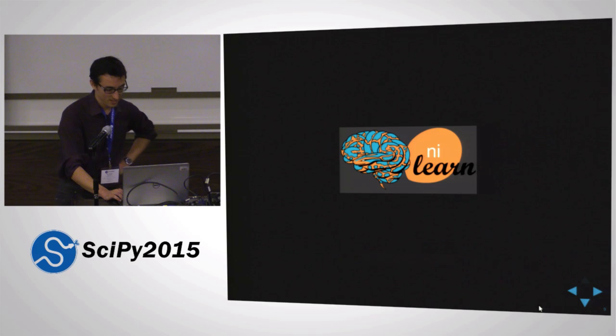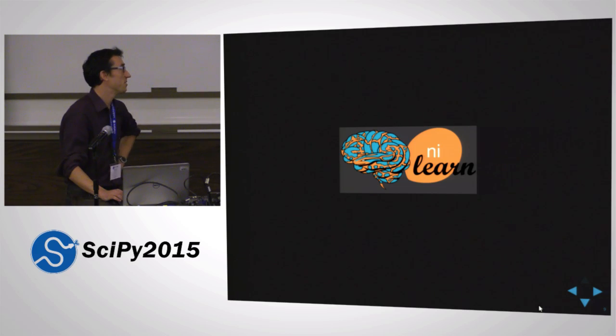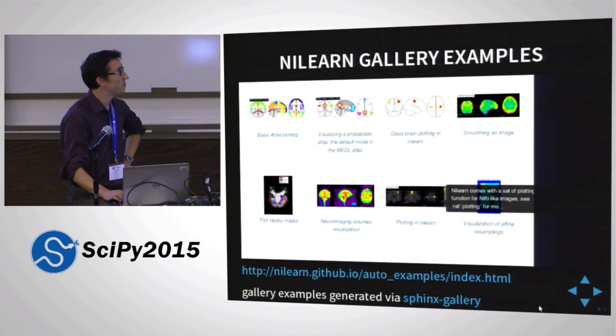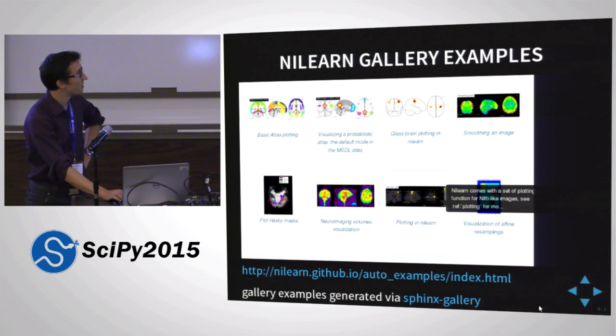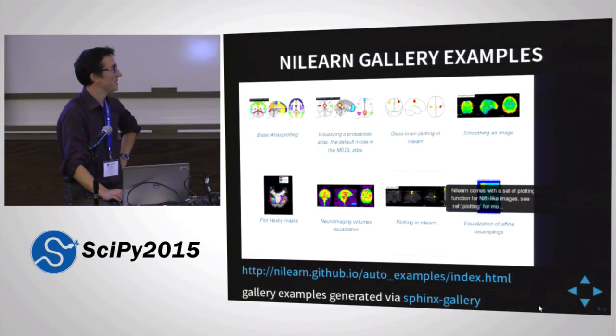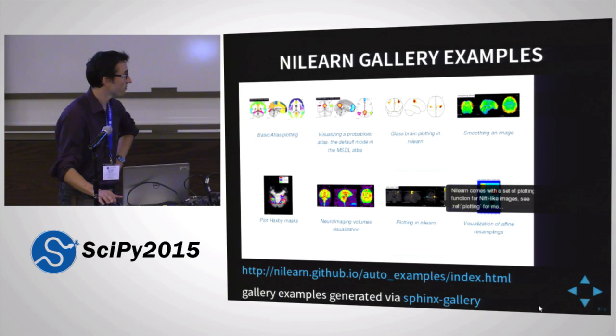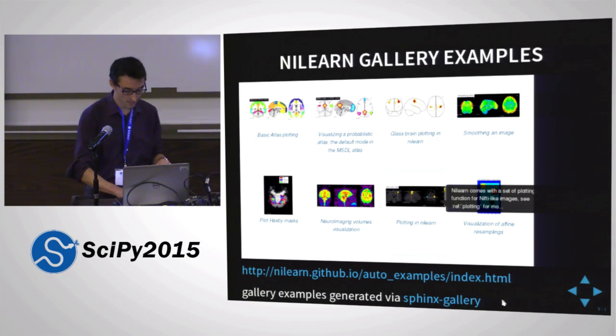So, having talked about these simple Python patterns, I'm just going to talk briefly about Nilearn. Basically the best way, if you're interested in Nilearn because you're doing fMRI or because you're just curious, is to go to the Nilearn gallery examples. So that's a snapshot.